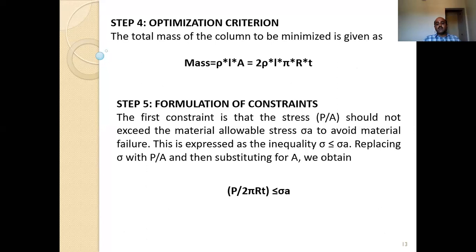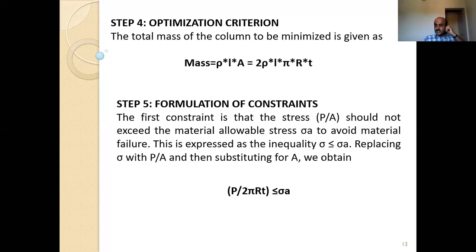The inequality is that the induced stress sigma should be less than or equal to the allowable stress value. Substituting P by A, with P divided by 2 pi R into T, it should be less than or equal to sigma A. This is the first constraint for us.